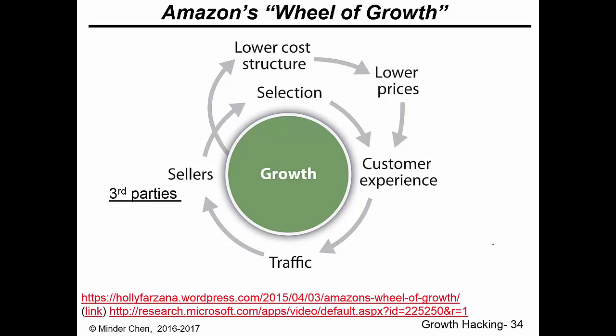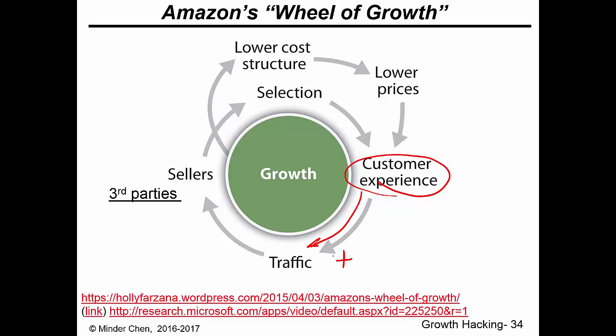And we can grow the business through different approaches. This is just one from Amazon. Amazon, first of all, tries to offer good customer experience, and that certainly would increase the traffic.